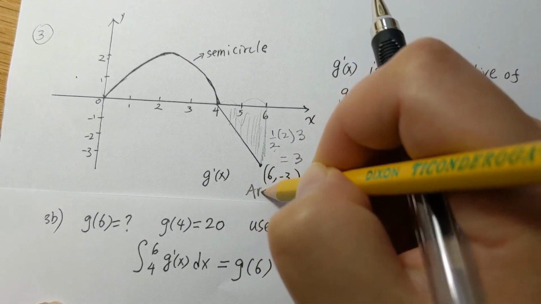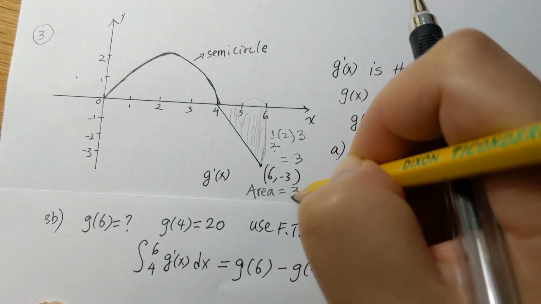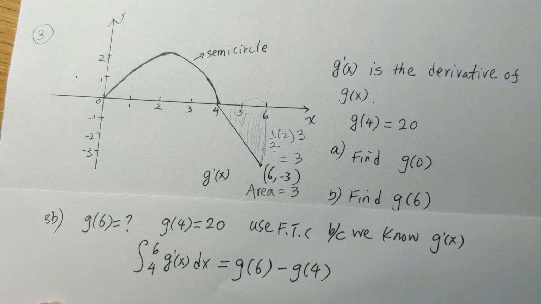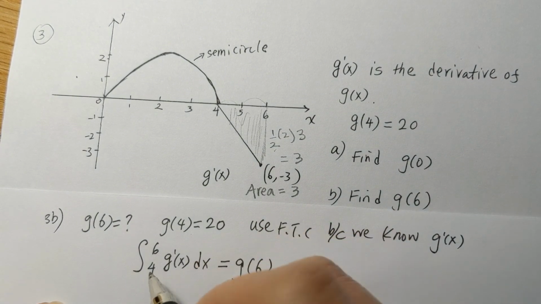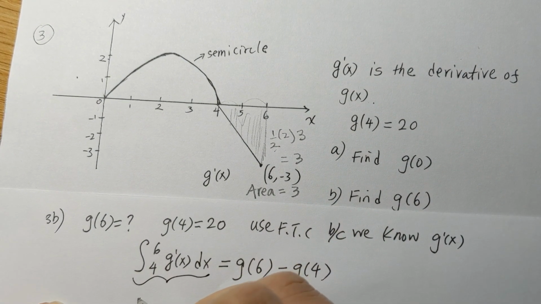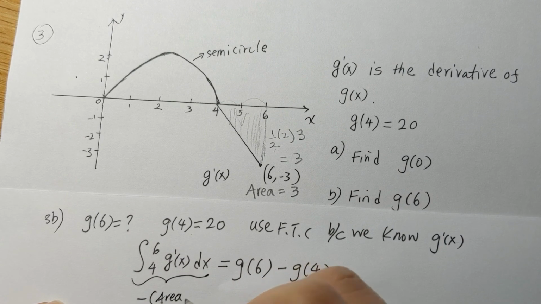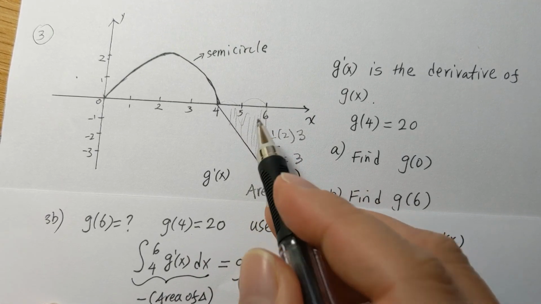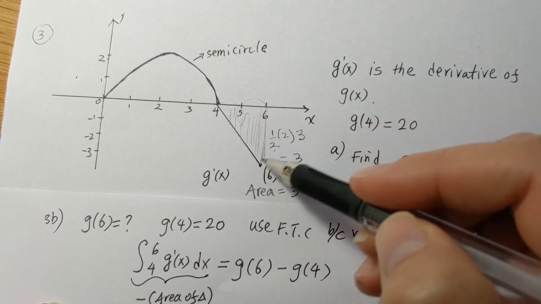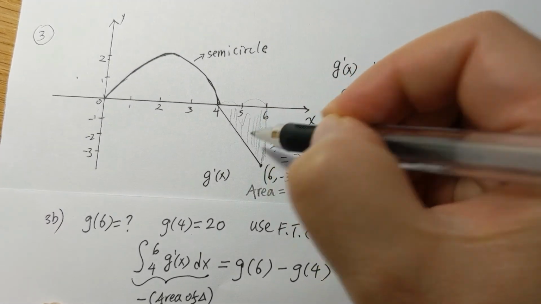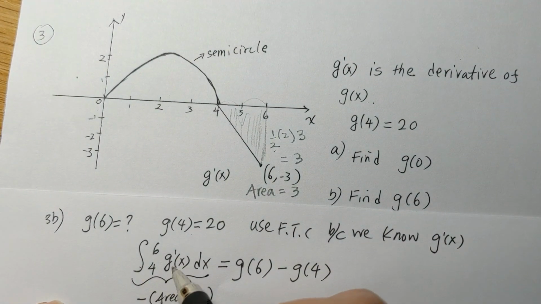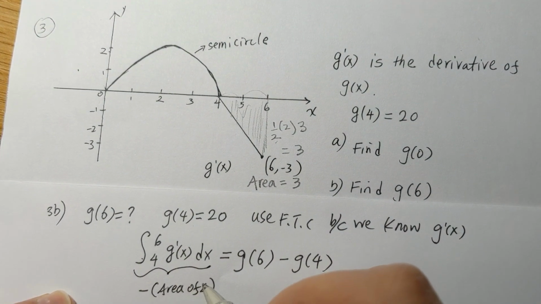So the area equals 3. However, the integral will be the negative of the area of the triangle. The reason is because it's below the x-axis. The area is always positive. The area is 3 itself. But the integral is going to be negative.